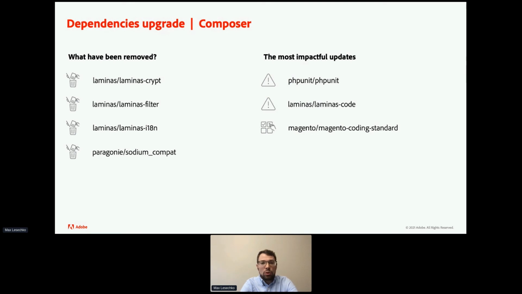It is not needed anymore. The most impactful upgrades for you will be the upgrade to PHPUnit 9.5 and the upgrade to the next major version of Laminas code. So please check what was updated, and I hope Magento coding standards and the upgrade compatibility tool will help you with your upgrade.